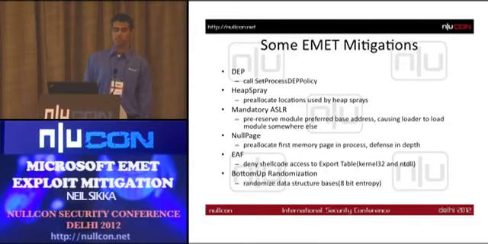So we basically deny shellcode access to the export address tables of kernel32 and NTDLL. Both of these modules, by the way, are very heavily abused by shellcode and attackers. We also have bottom-up randomization, which randomizes data structure bases. So for example, where different data structures are in the virtual memory address.